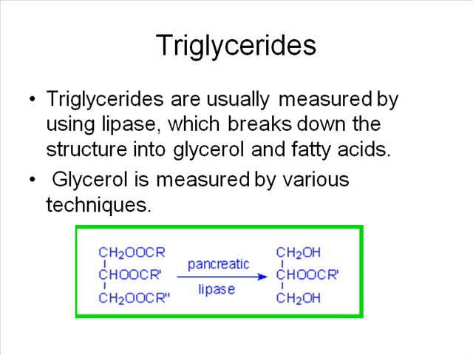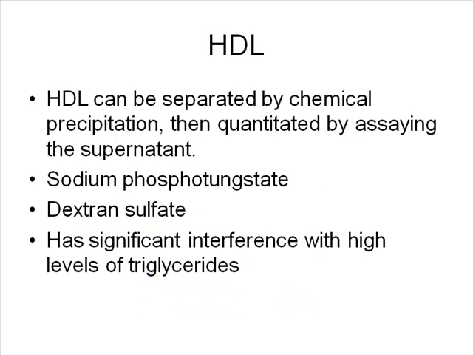For triglycerides, we use lipase to break it down into its fatty acids and glycerol. For HDL, we more often do a direct method now, but you can actually precipitate out other lipids and then measure the HDL that is left. This is an older method.